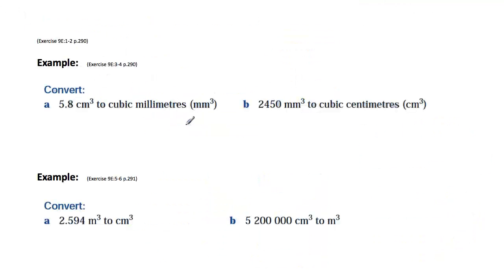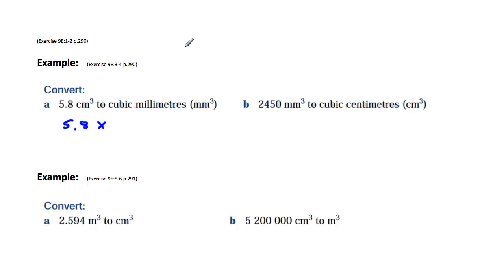All right, now what we need to do is a few quick conversions using the information that we've got. So the first one is we take 5.8 centimetres cubed and we're changing them to millimetres cubed. So we know that we've got 5.8 times, because we're going from centimetres to millimetres.